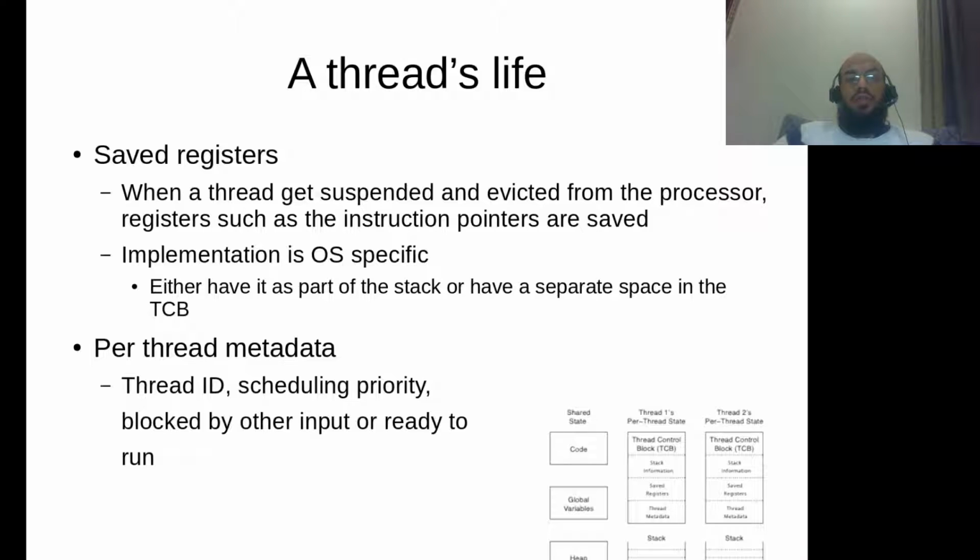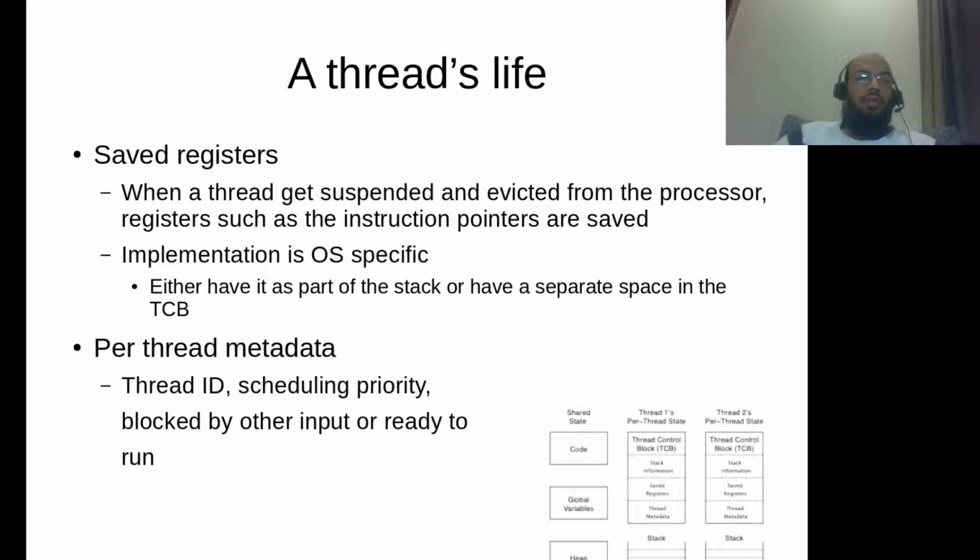You save the state of the processor registers, such as which instruction you are in, the instruction pointers, and so on. The actual implementation is very operating system specific. It also depends quite a bit on the actual hardware that you're running on. Your design decision is influenced by both your hardware and the operating system in general.